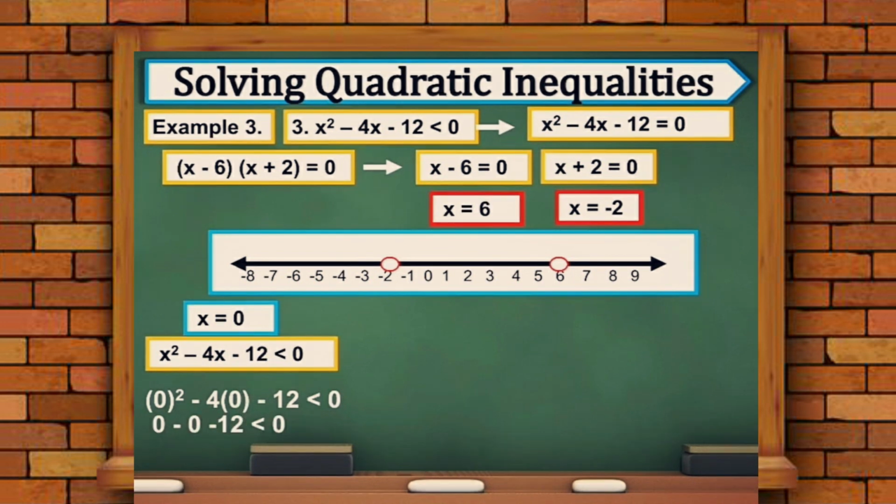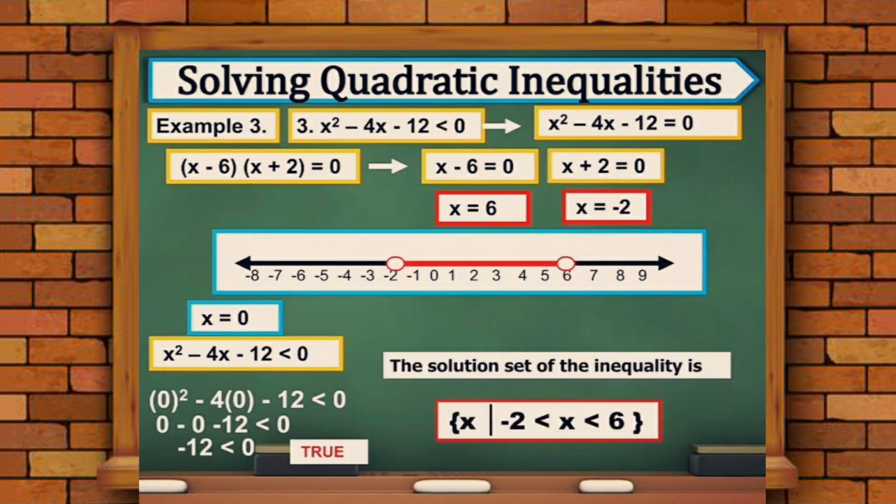So 0 minus 12 is less than 0. And negative 12 is less than 0, which is true. Since the negative number is literally smaller than 0, that's why it is true.